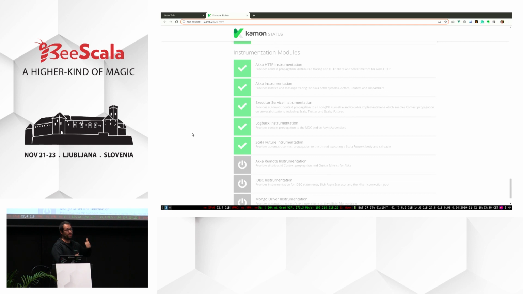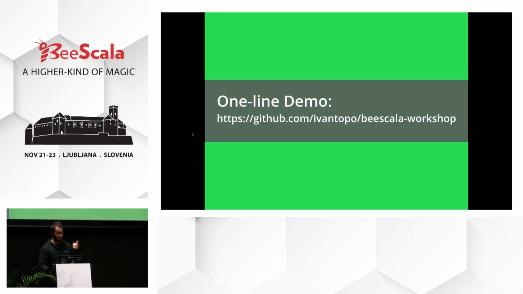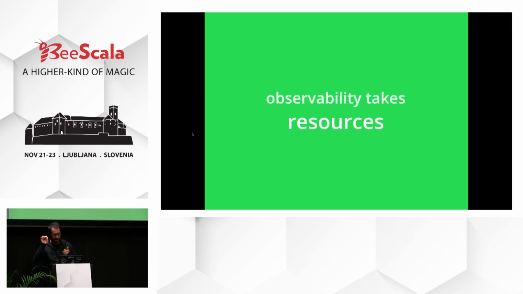So this little application that I just started has Akka, Akka HTTP, it has thread pools, logback, Scala features. It doesn't have remote JDBC or Mongo, but all of these instrumentations are there as part of the bundle. So you just added this kamon.init, and boom, you get all these metrics out of the box. So that was really a one-line demo.